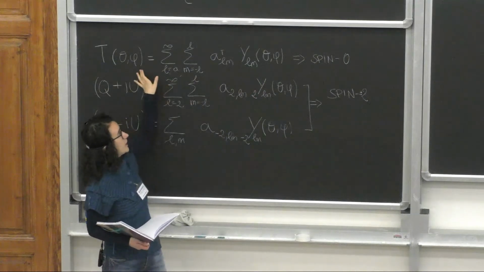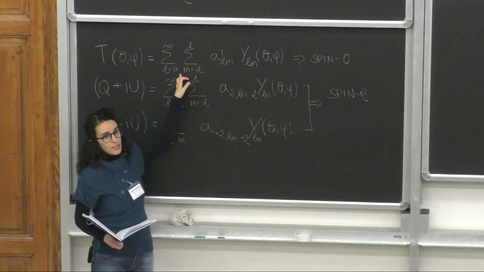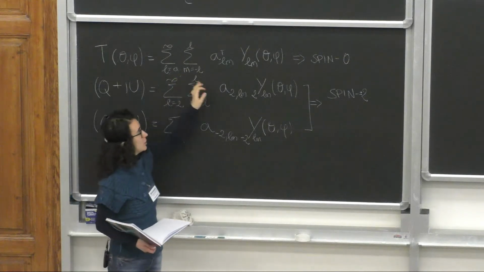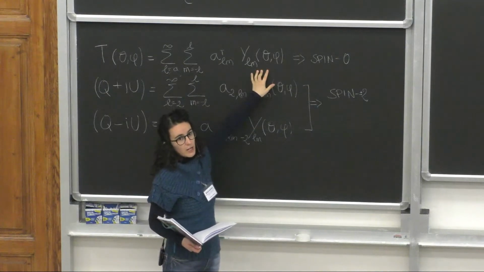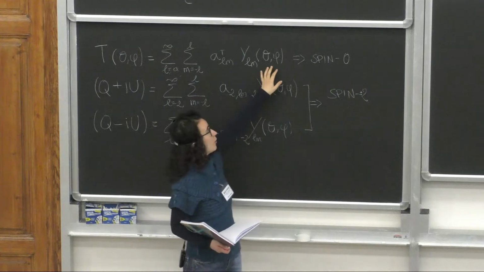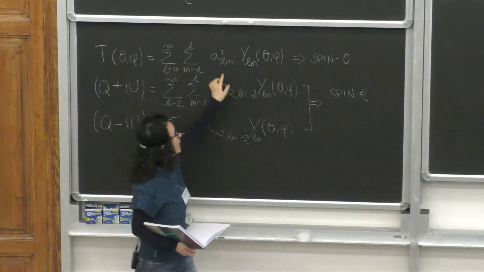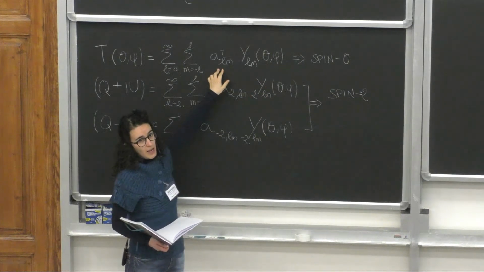So let's write the T field as a sum over the l and m moments of the expansion, where the basis is provided by the usual spherical harmonic functions, which encode the dependence on theta and phi, and the expansion coefficients are these a^T_lm.